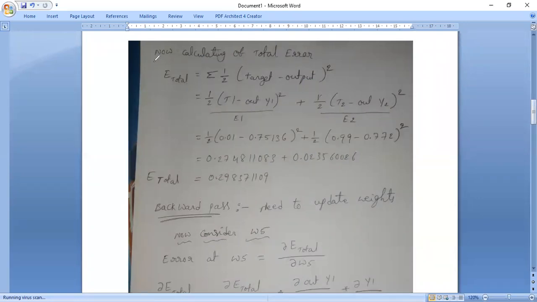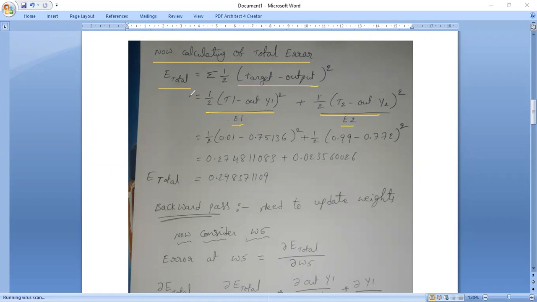So now, calculating the total error of the network. The total error of the neural network equals sigma 1 by 2 into (target value minus output value) whole square. You can write this formula like this: this is for E1, this is for E2, which means the error rate at Y1 and the error rate at Y2.